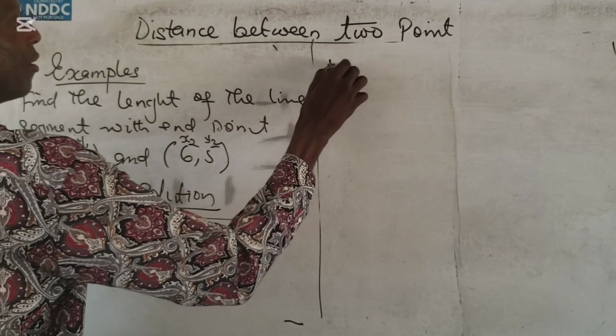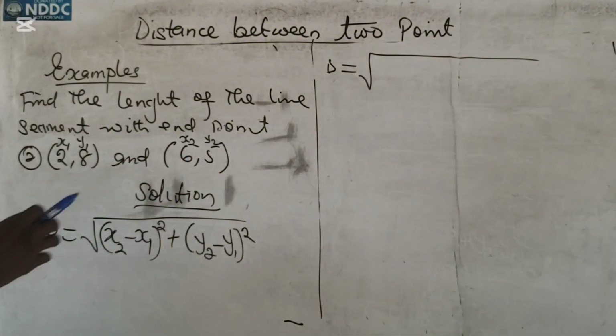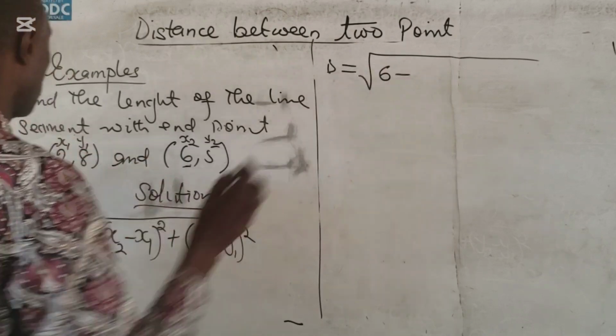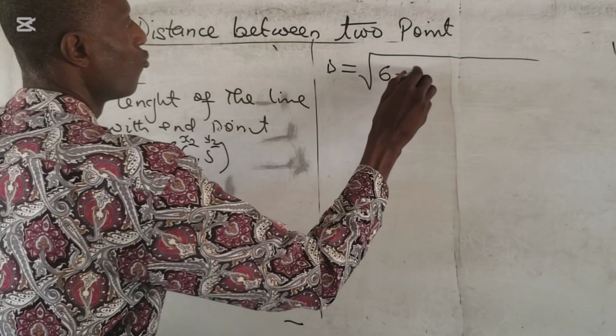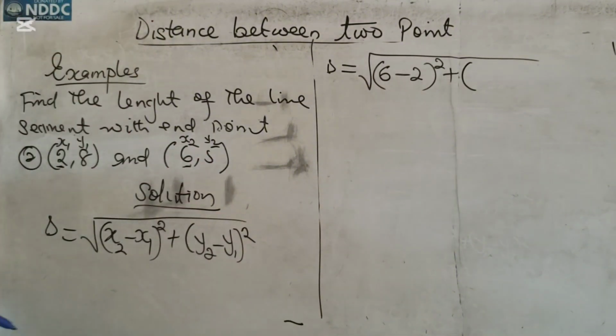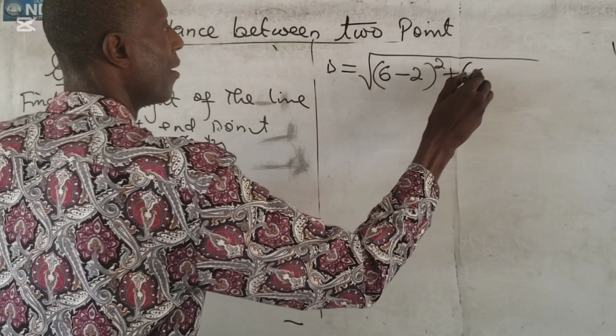So D here will be the square root of what is now x2. x2 is 6. 6 minus what is x1? x1 is 2. 6 minus 2, all squared, plus what is now y2? y2 is 5.